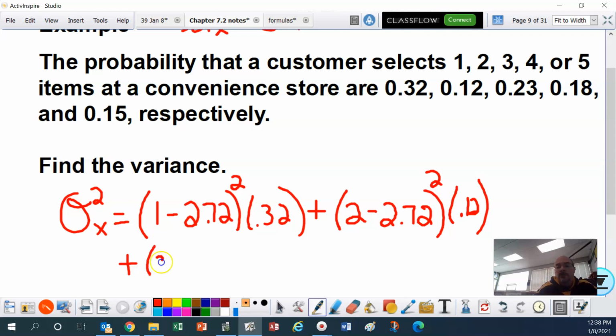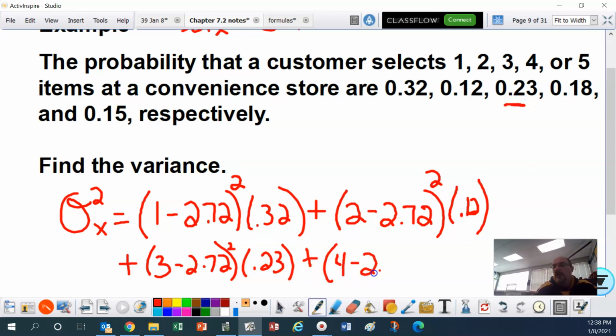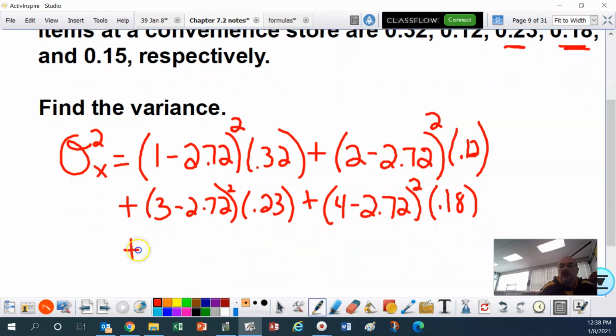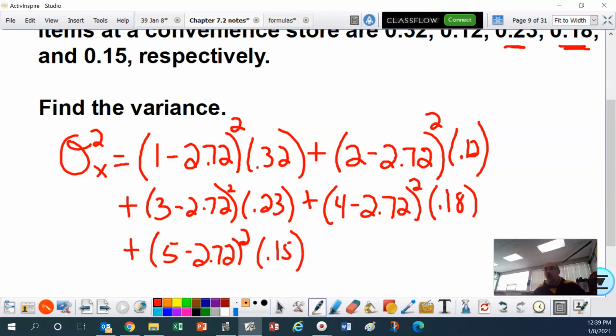All right, now we're going to do 3 items minus 2.72 squared times 0.23, because that's the third one, plus 4 items minus the expected value squared times its probability, 0.18, plus 5 items minus the 2.72 squared times its probability. Okay, no shortcuts.